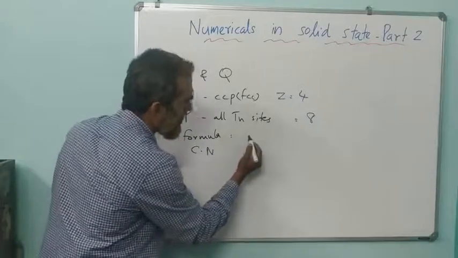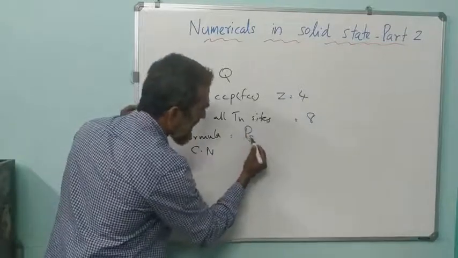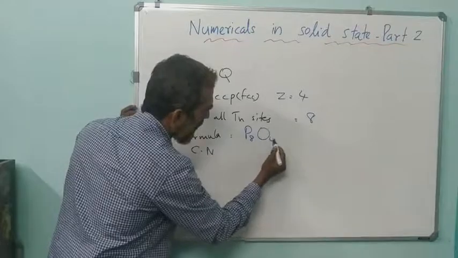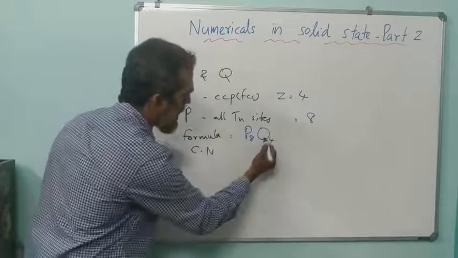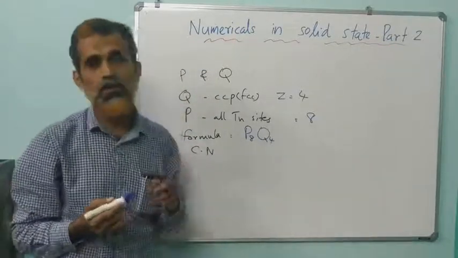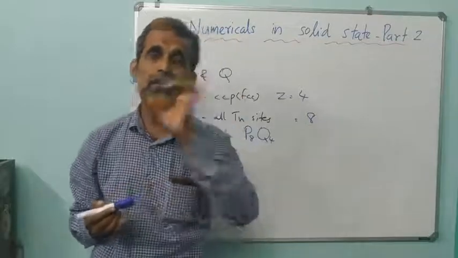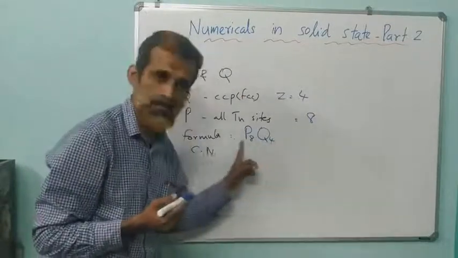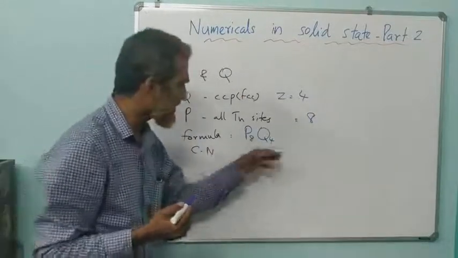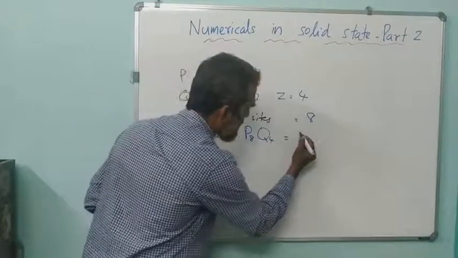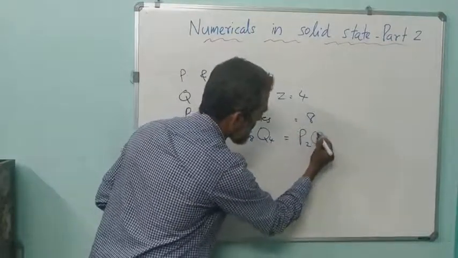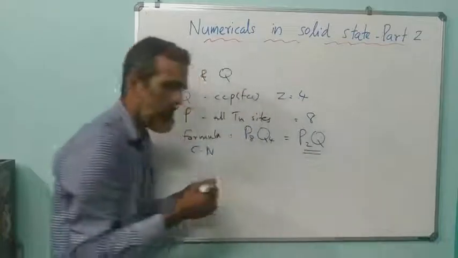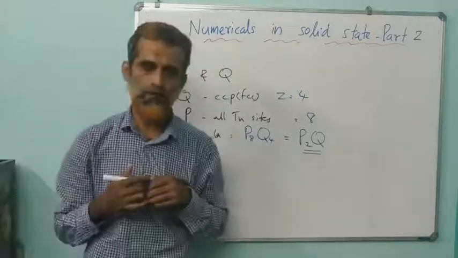So the formula will be then what? Sorry, P8Q4. But we know we write the formula in the simplest ratio generally. So 8:4 we can write this is equal to P2Q. So that's the formula of the compound. This is how we do it.